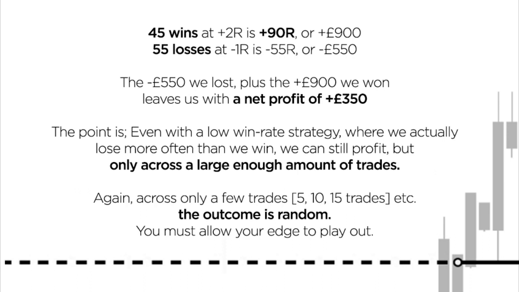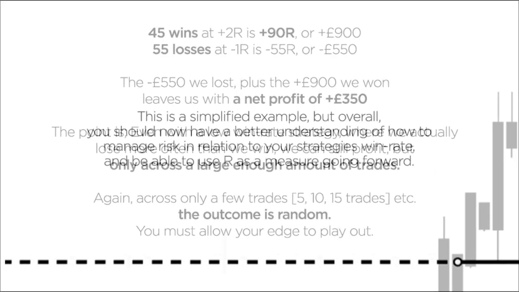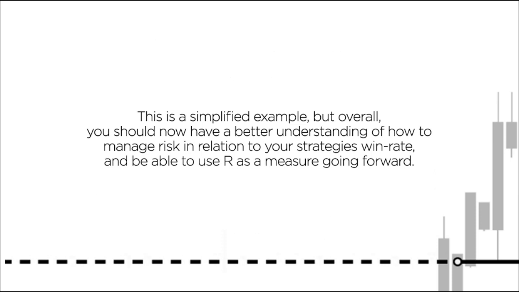You just have to allow your edge to play out. And that's the point of this video. You have to manage risk for the bad times. So this has been a simplified example. This is a beginner's video, but overall, you should now have a better understanding of how to manage risk in relation to your strategy's win rate and be able to use R as a measure going forward.